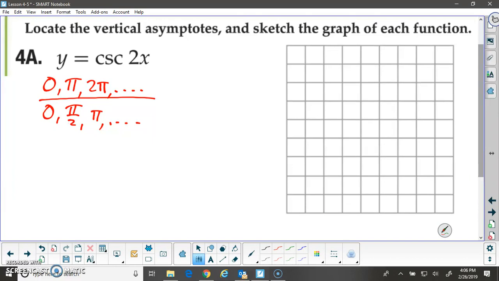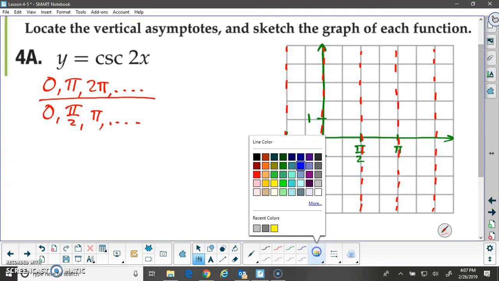So setting up my x-axis, that should make it easy to plot my asymptotes. And so we've got one at 0, half a pi, 1 pi. You can see every 2 boxes we have an asymptote.